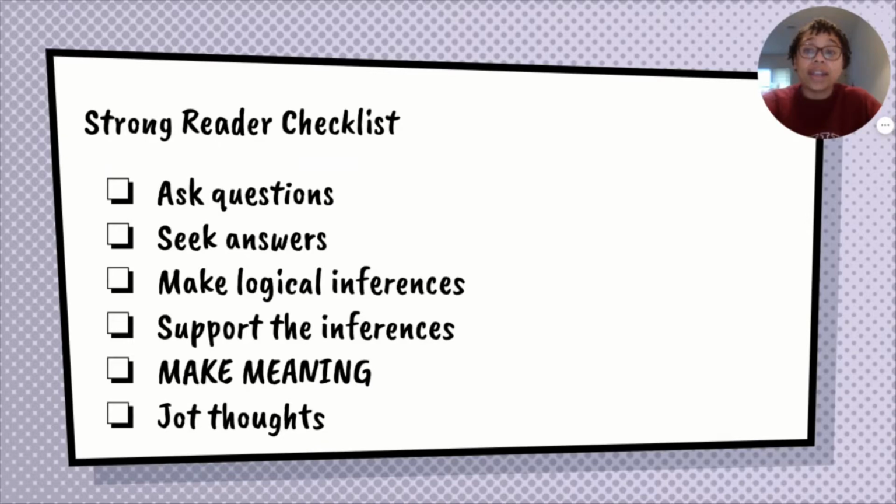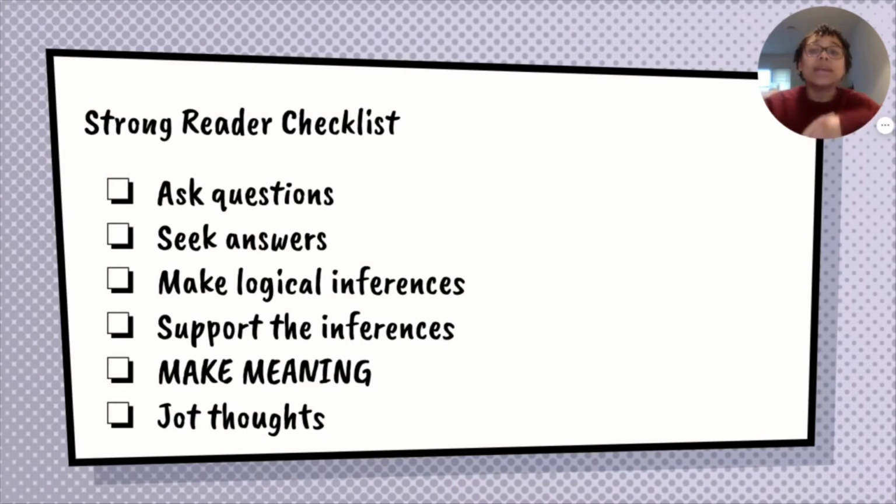All right, the most important thing on the strong reader checklist is making meaning. So that's all reading is. Making meaning. So if you can take some of the things that you're reading and apply it to your life or think about things that you might not have thought about before, that is making meaning, and that's what a strong reader does.